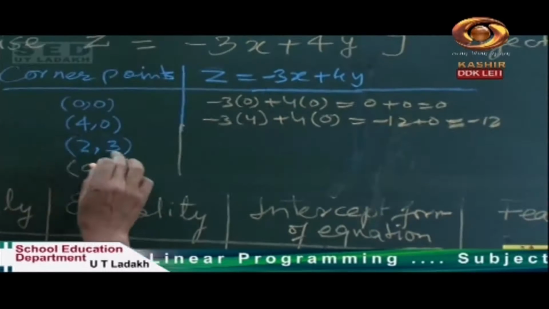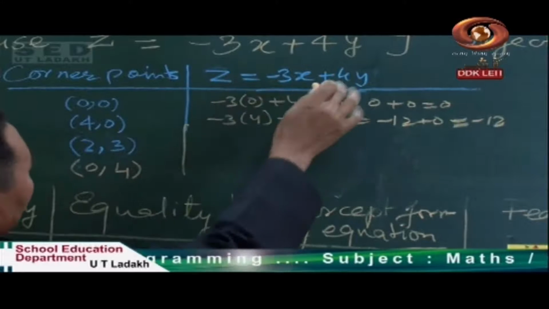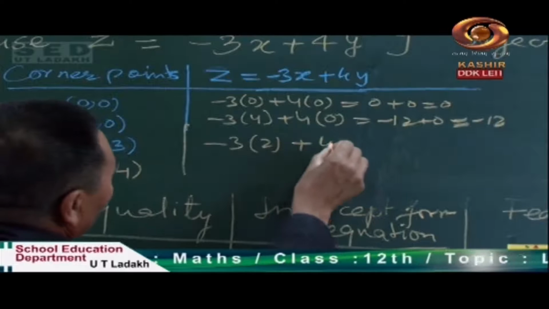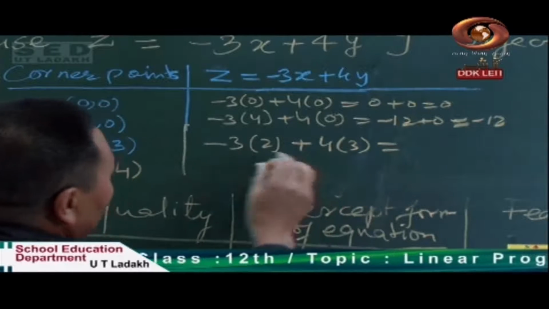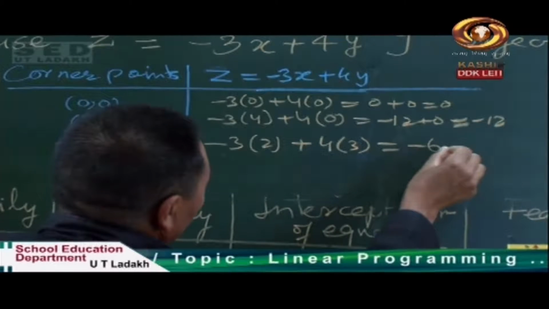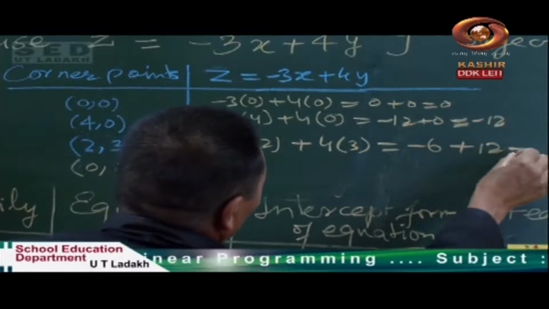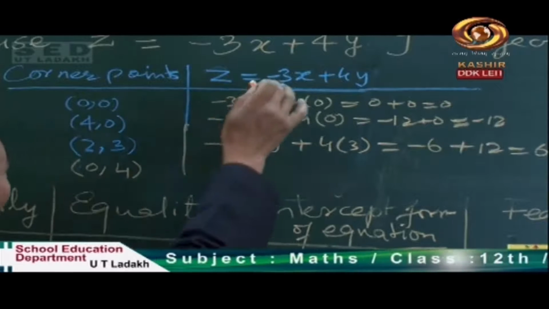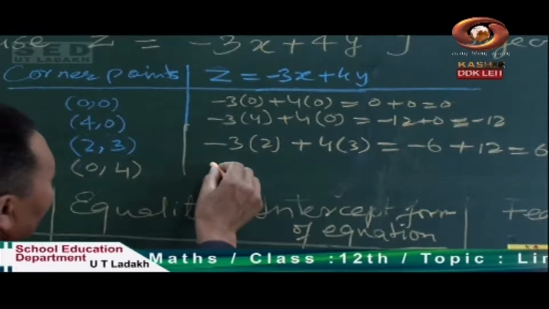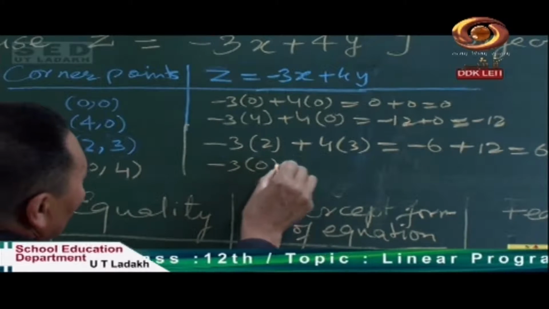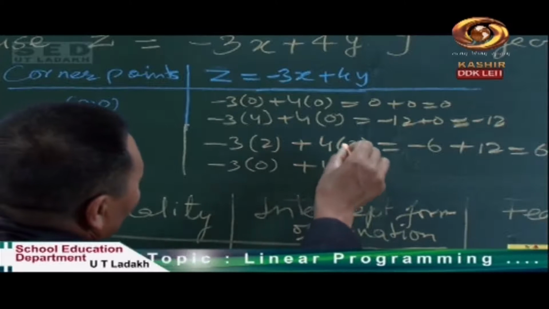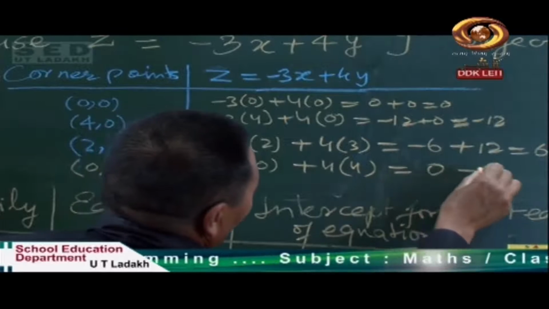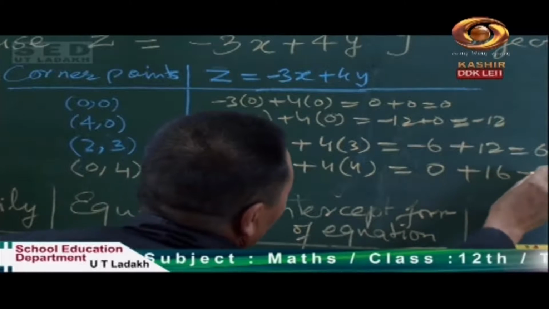For (2, 3), minus 3 into 2 plus 4 into 3, that is minus 6 plus 12, which comes out 6. For (0, 4), minus 3 into 0 plus 4 into 4, that is 0 plus 16 equal to 16.